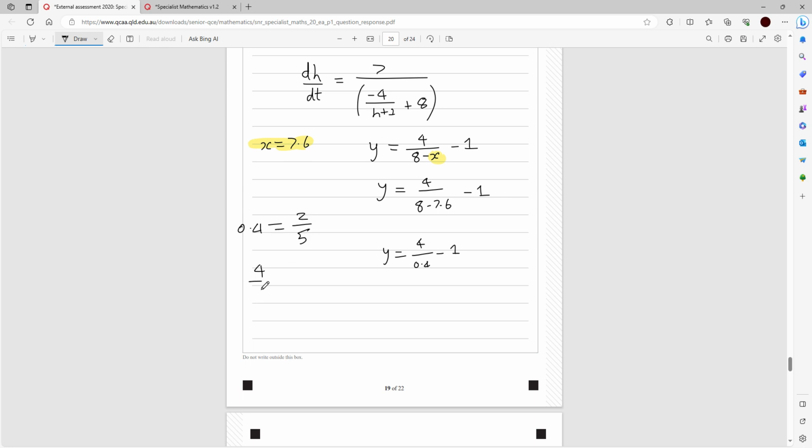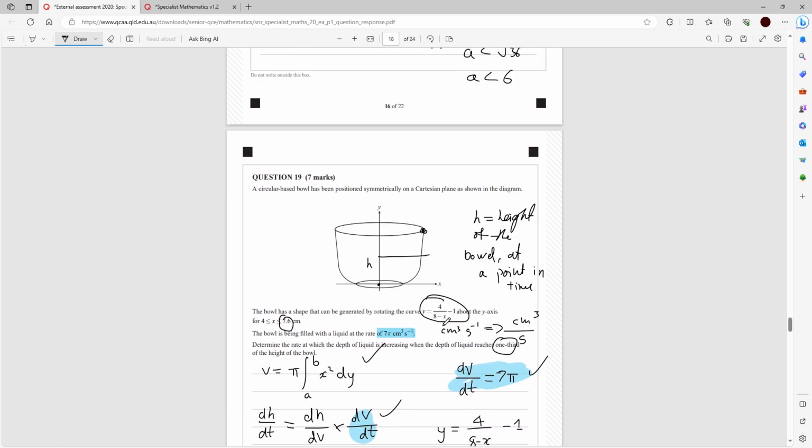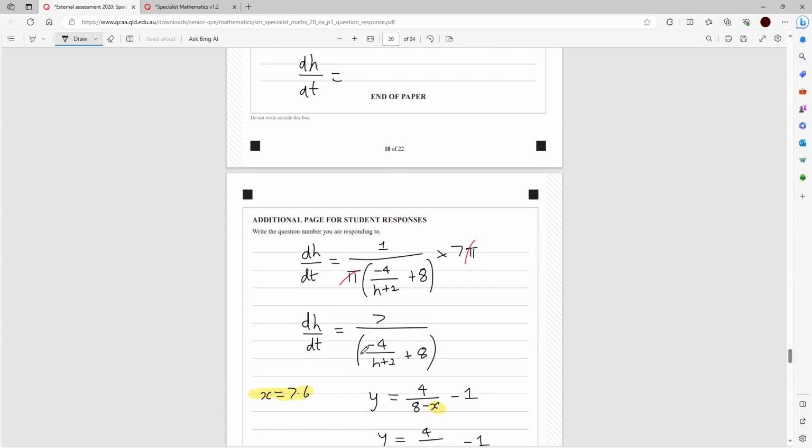So 4 on 2 on 5 is the same as 5 on 2 times 4, which is 10. So we have y is equal to 10 minus 1 minus 1, which is 9. So the height of your bowl is 9. And you want the point when it's 1/3 of the height of the bowl. So literally divide 9 by 3.